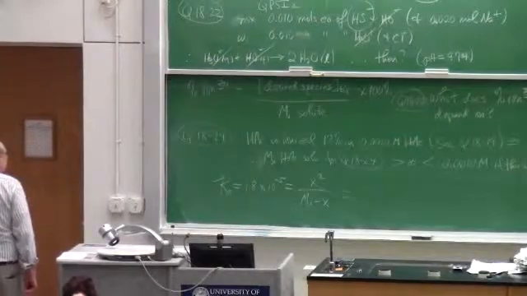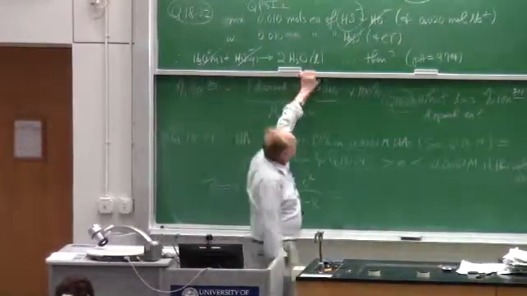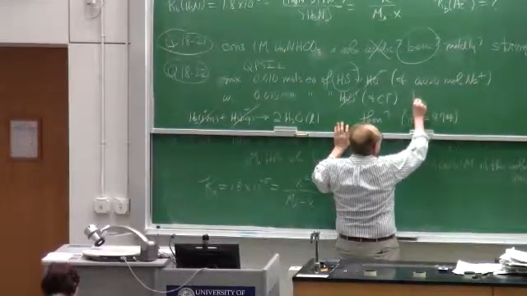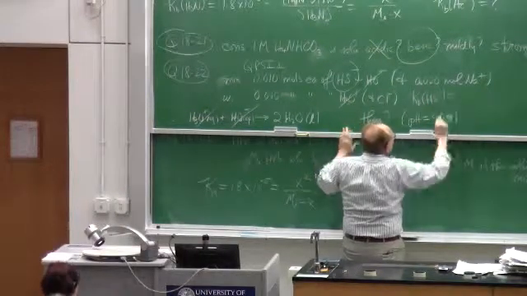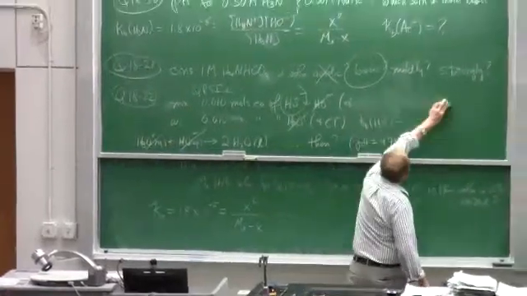So, to get this pH of 9.74, which is the answer to this problem, you have to get Kb for HS minus. Let's put it up here.